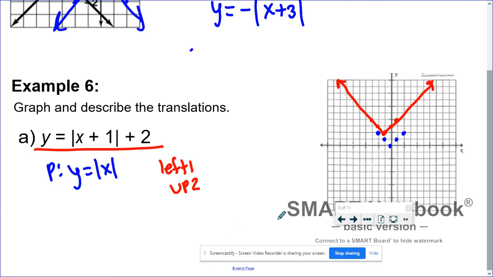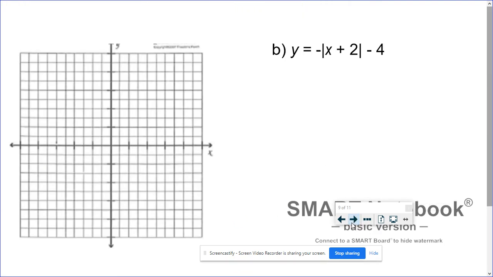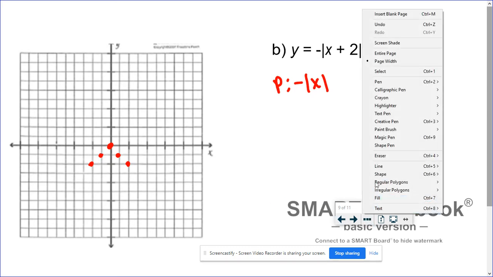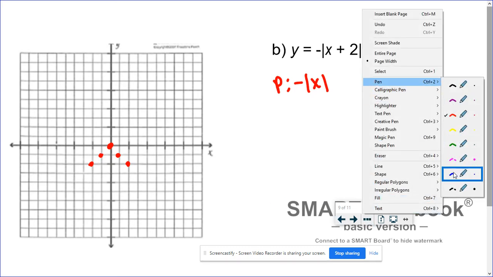Okay. This one, the parent function, is the opposite of the absolute value of x. So again, always start at the origin. In this case, the slope is 1 and it opens down. So it'll look like that. And then the +2, let's talk about what the translations are.